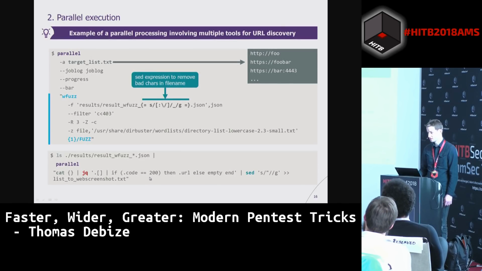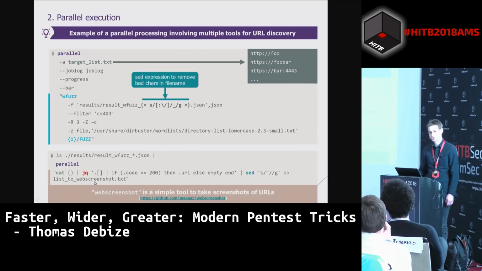Having a 200 here, I want to have all the data, just filtering for everything except not found. But here I just want to focus directly on the 200 response code, and then I can filter again with pipe sed and give a list to web screenshot.